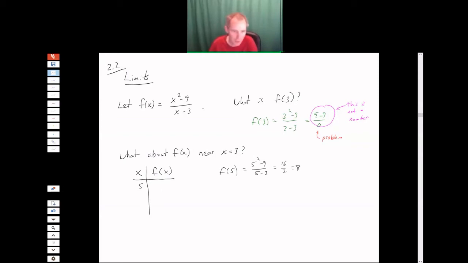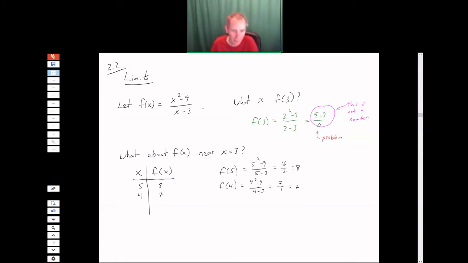I think that comes out to 8. What happens if I plug in 4? f of 4 is 4 squared minus 9 over 4 minus 3. 16 minus 9 is 7. 4 minus 3 is 1. So we do a little arithmetic there.